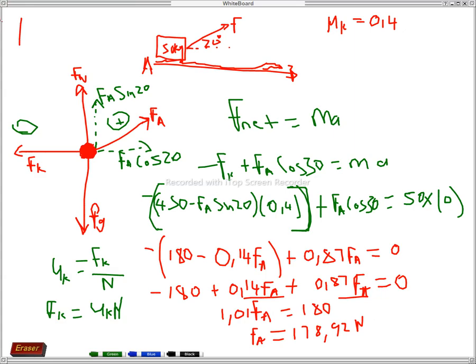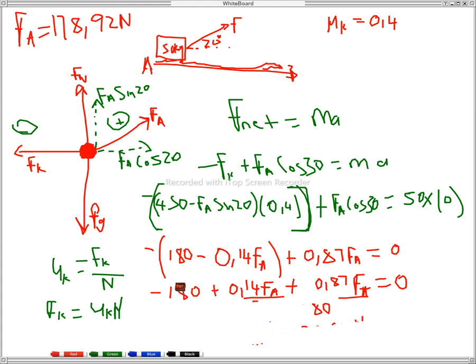The normal force, now we know the FA is 178.92 newtons there. It's positive, therefore it's to the right. I won't need anything here again, so let me just erase.